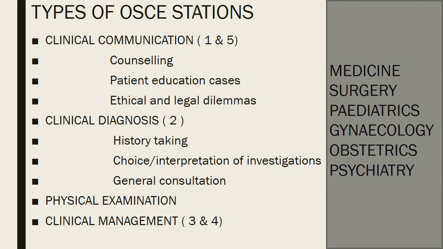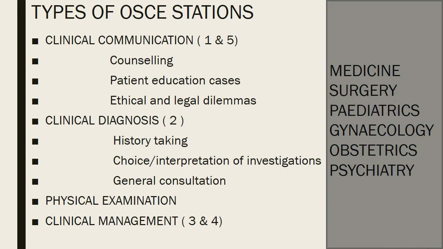Now, counseling stations are very simple. For example, there was a case of placenta previa or any bad news, and you have to explain to the patient what is wrong with them and what you are going to do. Second is patient education. For example, a type 1 diabetic patient has come to you before pregnancy and is planning for pregnancy, so you have to educate them.